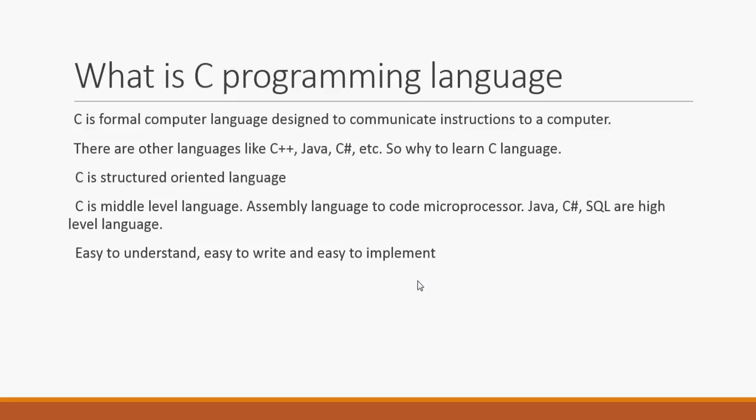Okay, so what is C language? Basically C is a computer language that computer can understand. Okay, now why should we learn C language when there are other languages like C++, Java, C#, .NET, VB, etc.? C is kind of like language that has inspired these languages.